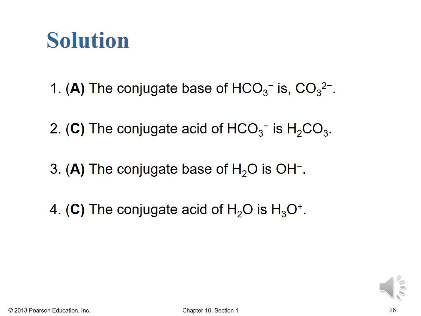That's an H+ less than H2O. And number 4, C, the conjugate acid of H2O is H3O+, which is just increased by 1 H and 1 plus charge. So I would imagine most of you are getting the hang of this. If you're not in that group, please do some extra problems, check out the homework set, and definitely reach out to me for help if you're still struggling.